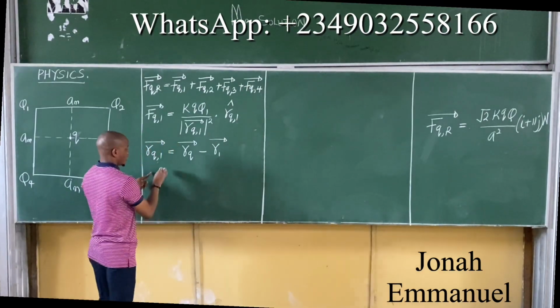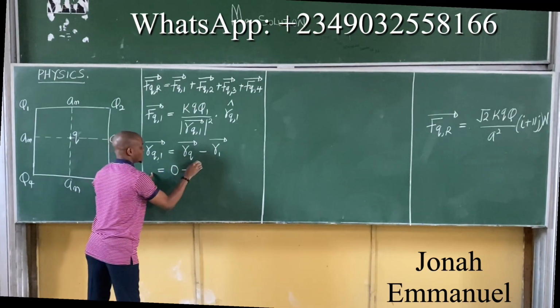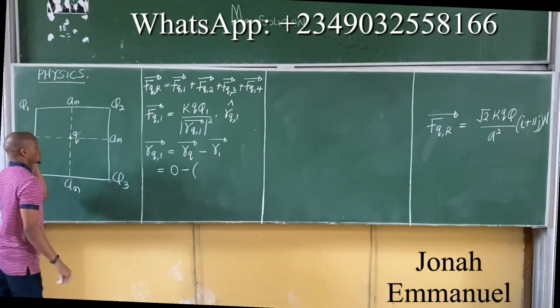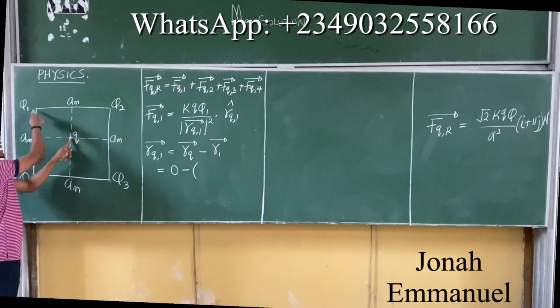The center becomes your reference, so R_Q is 0. Now let's get R1: I'm moving from the center charge Q to Q1 here.